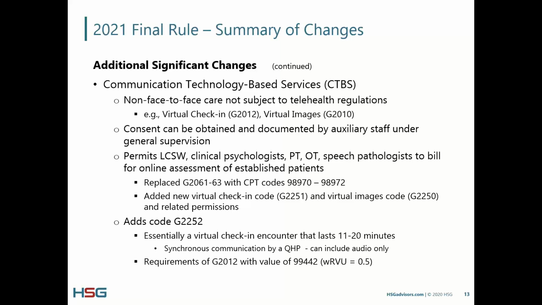This expands that possibility to other direct care providers with different CPT codes, and added a new virtual check-in and virtual images code for these individuals. So you'll notice that the requirements are the same. The requirements for G2251 are the same as the requirements for G2012, and the requirements for G2250 are the same as the requirements for G2010. But the differences in codes just reflect the differences in the rendering provider.